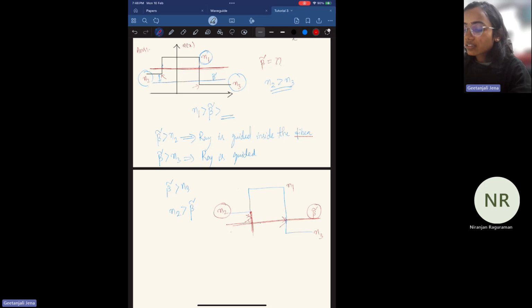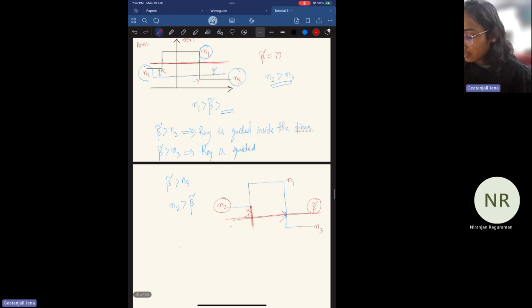So to make the ray guided inside the core, we need beta tilde to be less than N1, and it should be greater than N2, so that it will get reflected at both cladding interfaces. Okay, so is this clear to you?